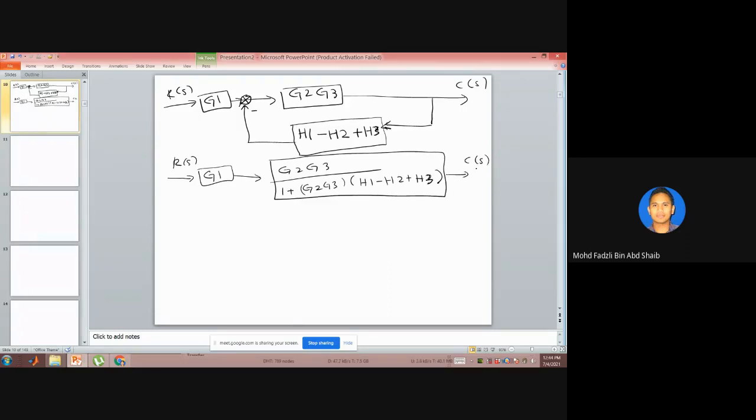C(s), right? So finally, this can be combined together, G1, G2, G3 over 1 plus G2, G3 times H1 minus H2 plus H3.